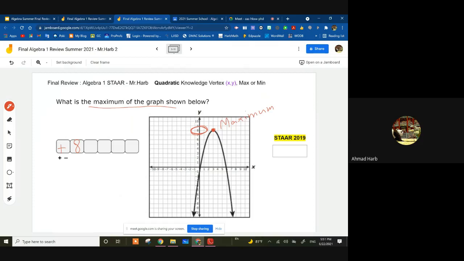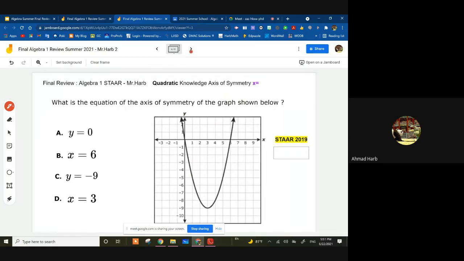Okay. The next question, what is the equation of the axis of symmetry? Axis of symmetry is the line that cuts it in half. So this line right here cuts the graph in half. See how it's symmetrical? This point right here is 3 units from here and 3 units from here, you get another point.